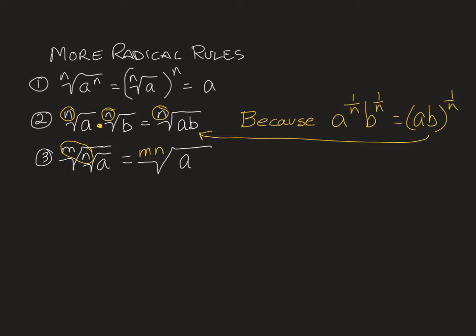Why is that? That is because if we rewrote the inside there as a to the 1/nth, and then raise that to the 1/mth, when we have that situation, we simply multiply our exponents.